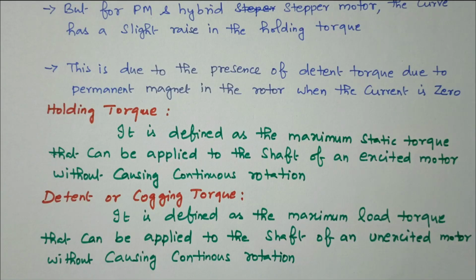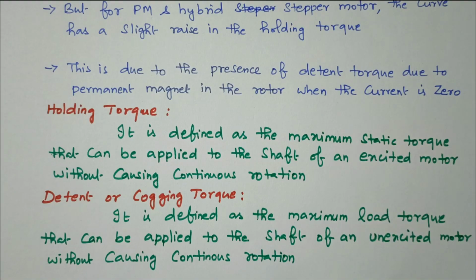In the case of the variable reluctance stepper motor, there is an electromagnet, so the torque is 0 at 0 current. It starts with 0. That is an important point. But the permanent magnet or hybrid is a combination of both permanent magnet and variable reluctance, so the permanent magnet is available.